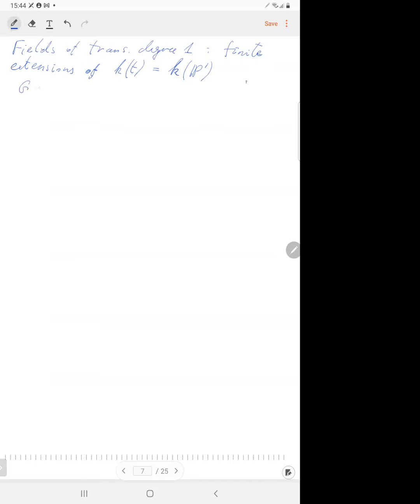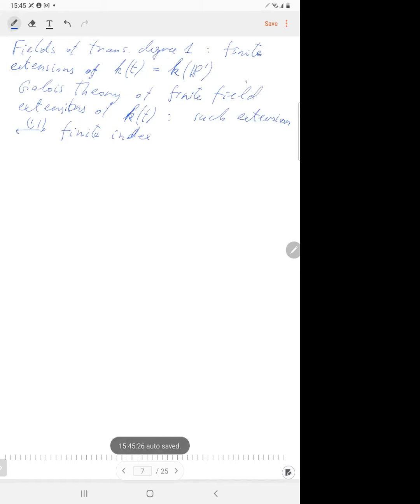Okay, and there is the usual algebraic Galois theory of finite field extensions of this field of rational functions on the projective line, namely that such extensions correspond bijectively to, say, finite index subgroups in the Galois group of this field.